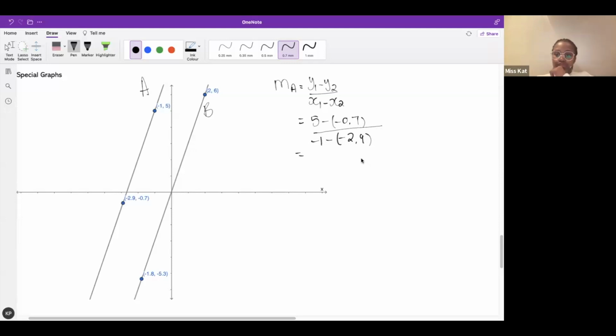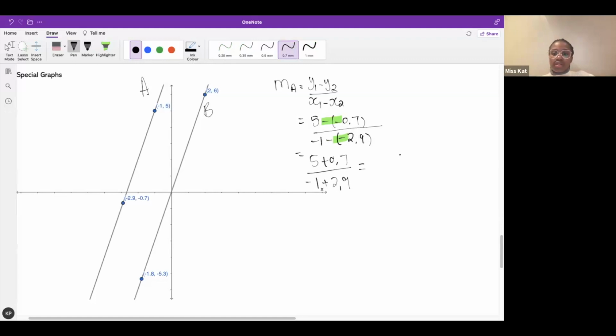These two minuses are going to make a positive. So it's going to be 5 plus 0.7 over -1 plus 2.9. Ma'am, should we add them first before we divide them?